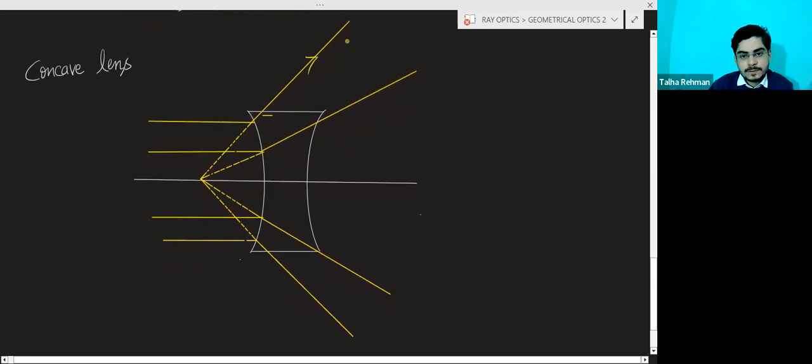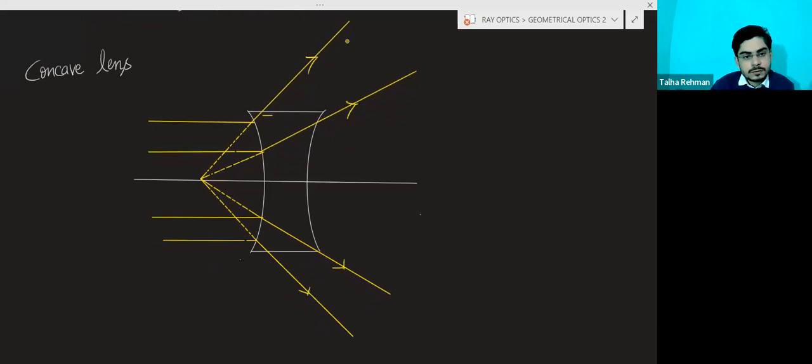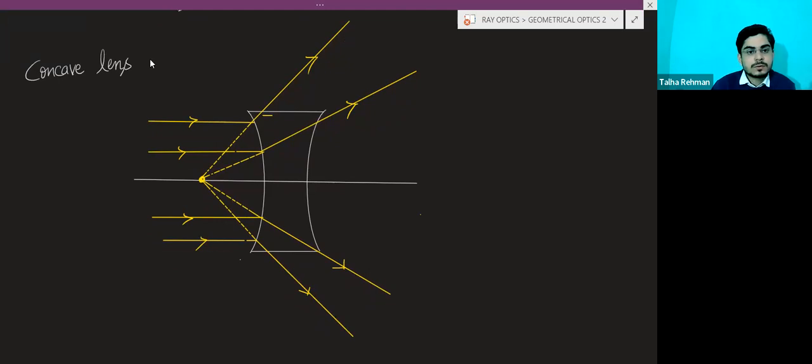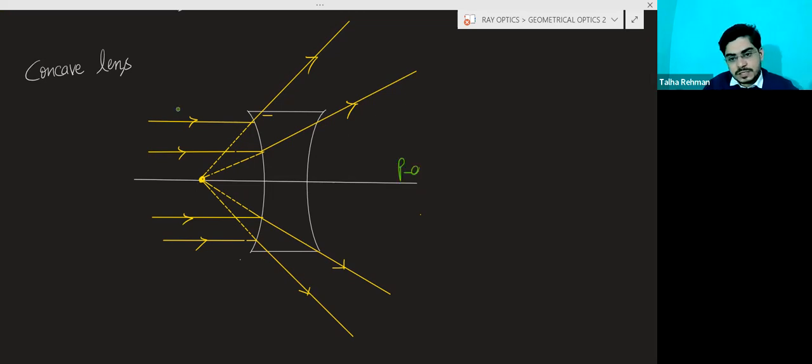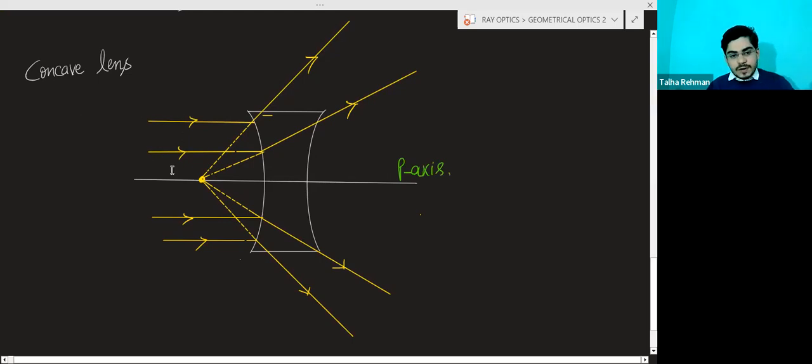Now what I am defining is the principal focus for the concave lens. So this is the principal axis.